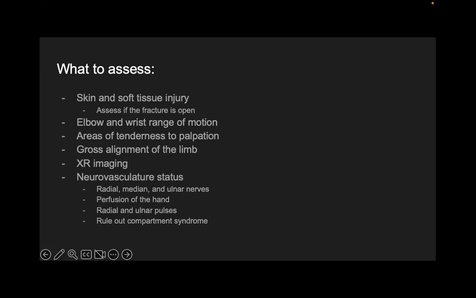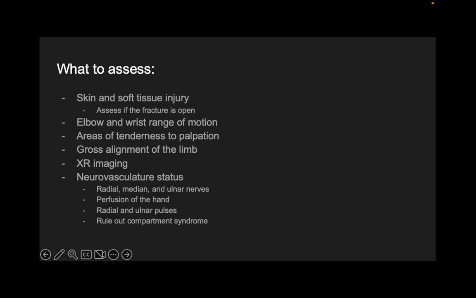Next couple things that you're going to do is assess range of motion. Depending on where the fracture is, a good rule of thumb is that you want to check the joint proximal and the joint distal to wherever the fracture is.